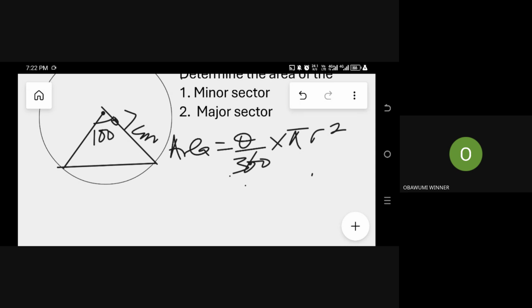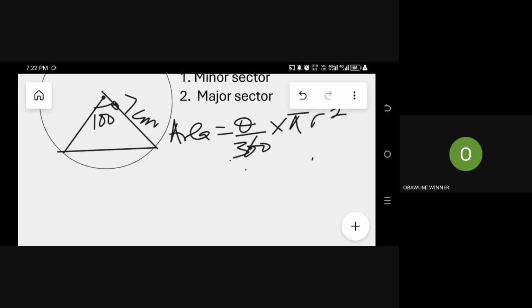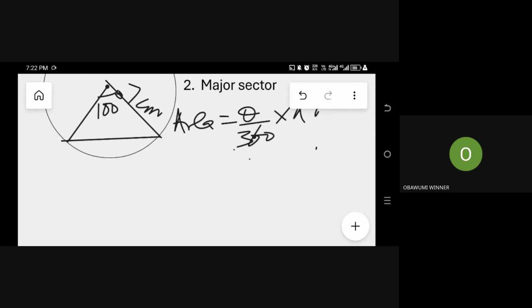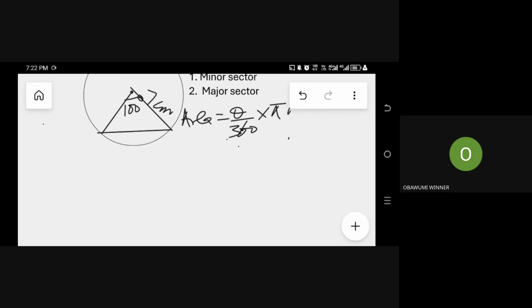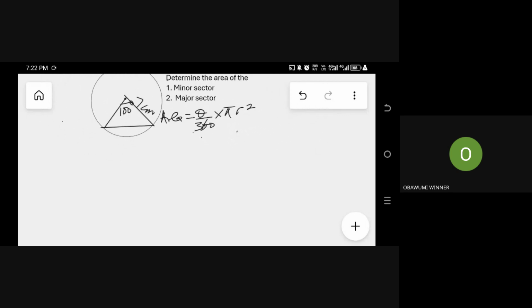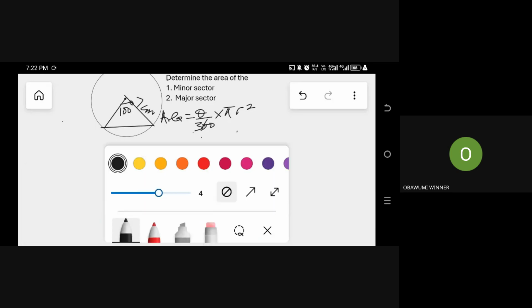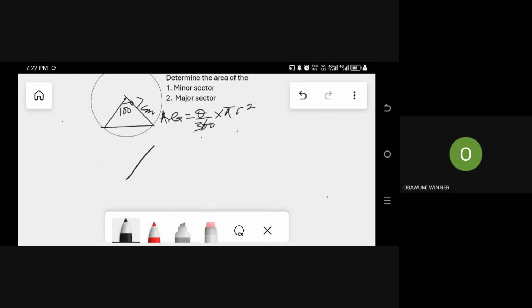So when you were asked for the minor sector, if you look at this diagram, you can obviously see that your minor sector should be this, that is this one at the bottom.